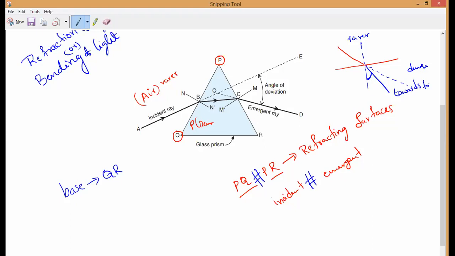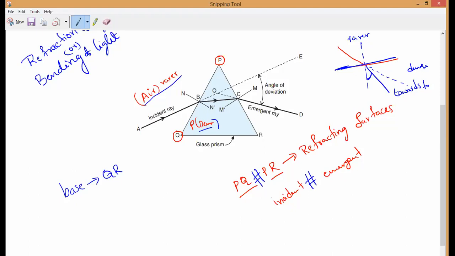Sir, how to draw this one? Imagine this surface, turn the notebook, rotate the notebook and bring it horizontal to your face like this. Now you can check it. This is the incident ray and this is the original path. It is entering from rarer to denser, so it will bend towards the normal.